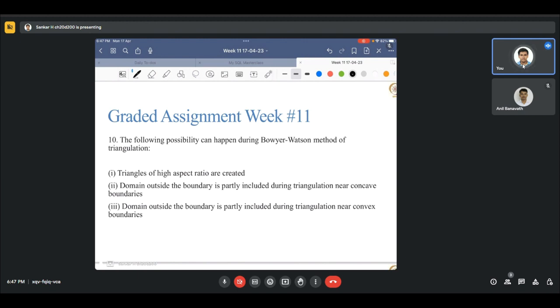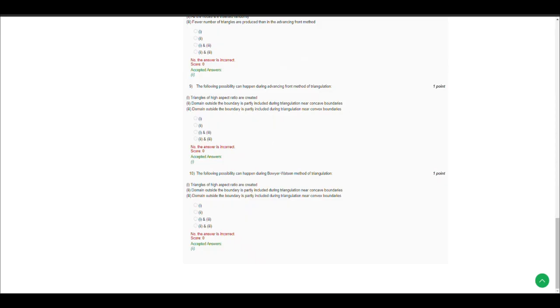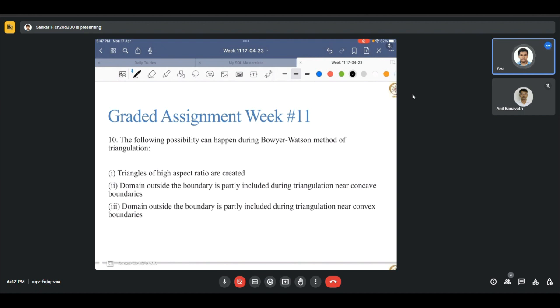Question number 10. What of the following possibility can happen during the Bowyer-Watson method of triangulation? First one, triangles of high aspect ratios are created. Domain outside the boundary is partly included during triangulation near concave boundaries.